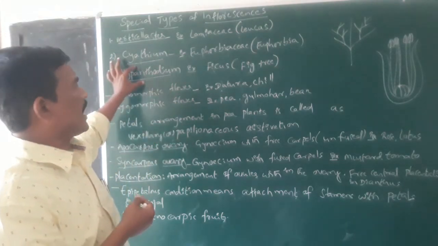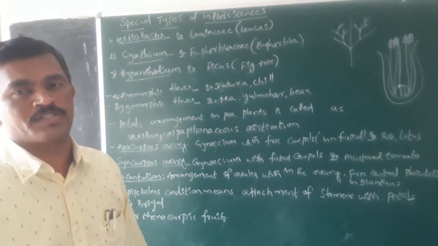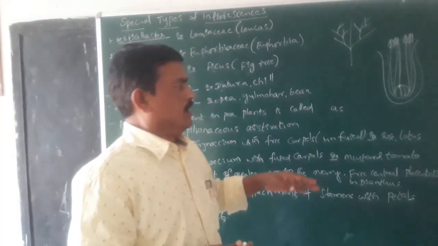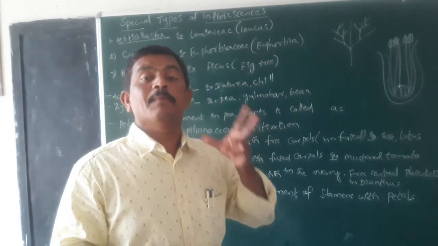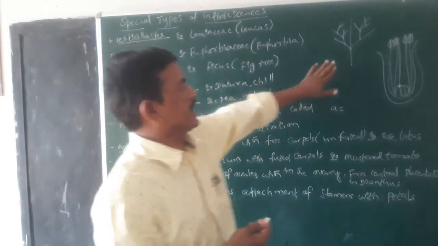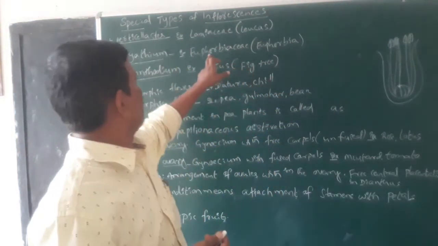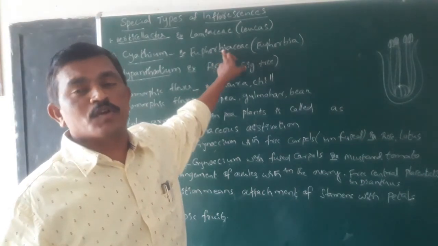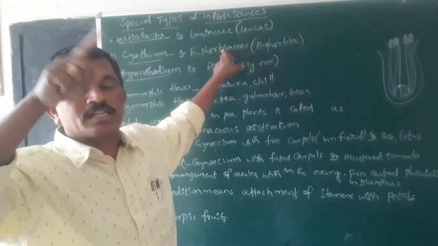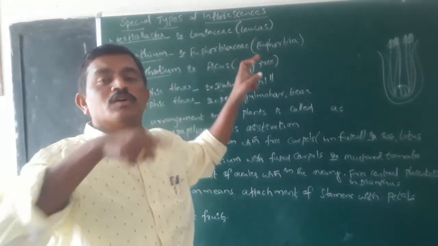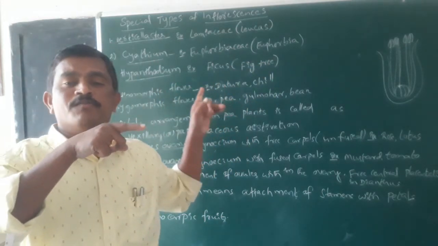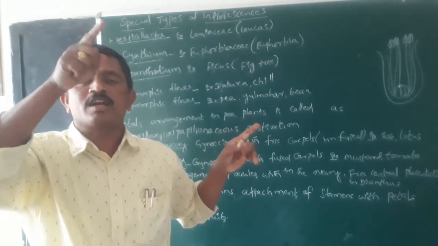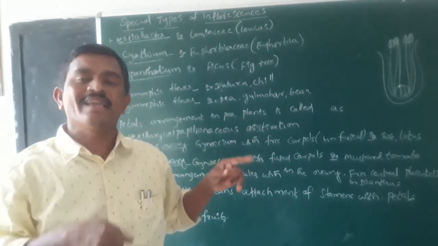But in case of hypanthodium type of inflorescence, a deep cup-like structure develops from the peduncle. Once again I am repeating. In case of the cyathium inflorescence, the cup-like structure develops from the involucre of bracts, whereas in case of the hypanthodium type of inflorescence, the cup-like structure is produced from the peduncle.